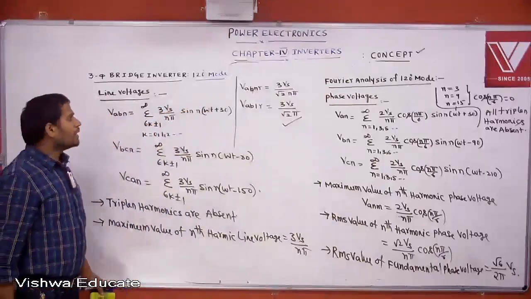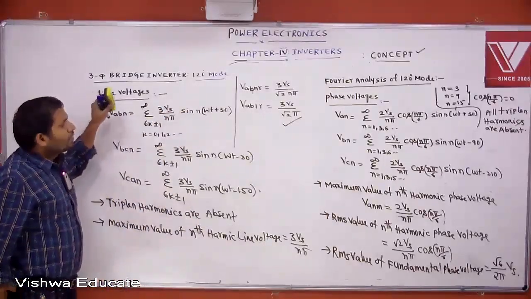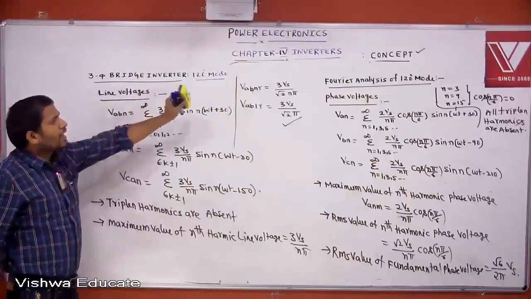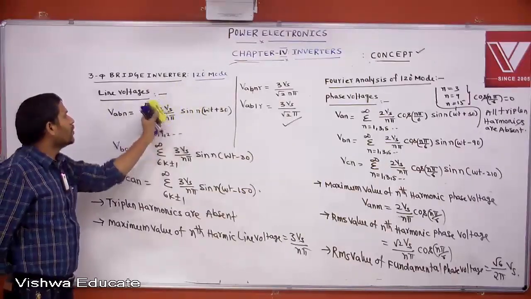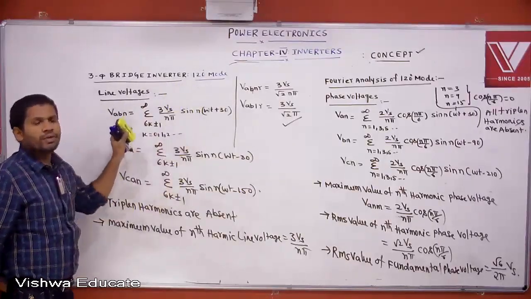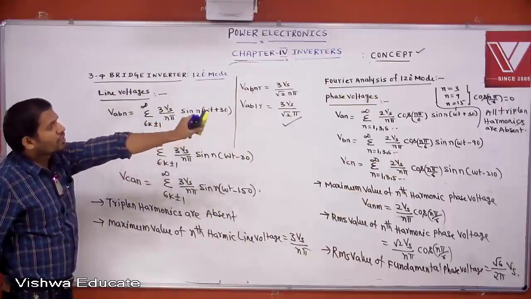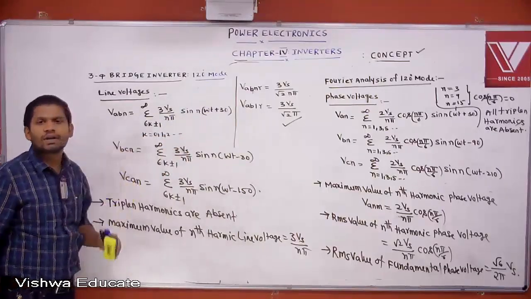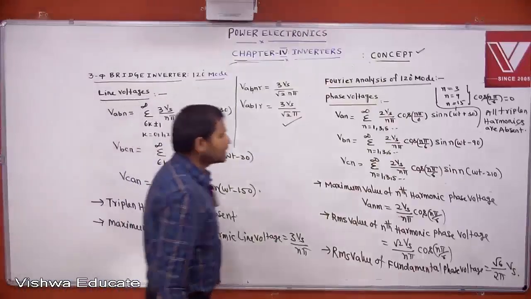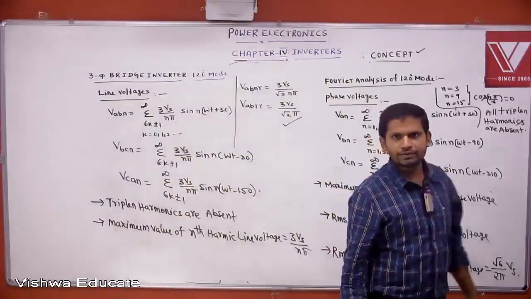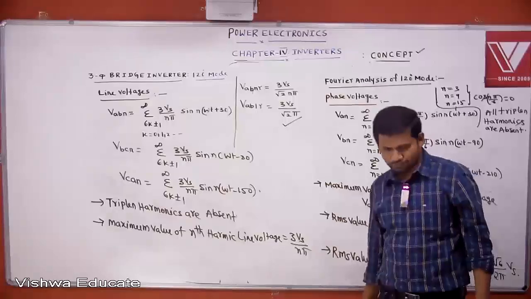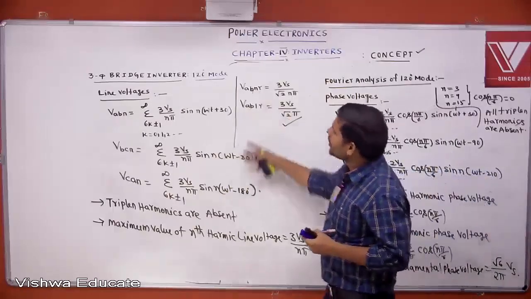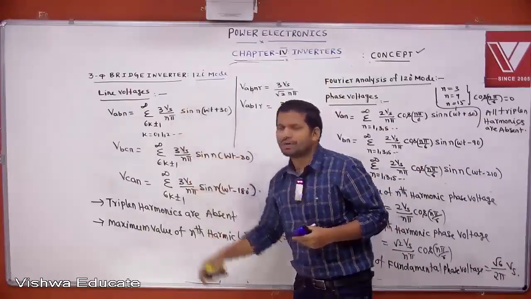Okay, this is about analysis of line and phase voltage. Fourier analysis of phase and line voltages in 120-degree mode. Even in 120-degree mode, phase does not consist of triple n harmonics. Even line also does not consist of triple n harmonics. Quick note: this function is not important here. Mainly magnitude is important.